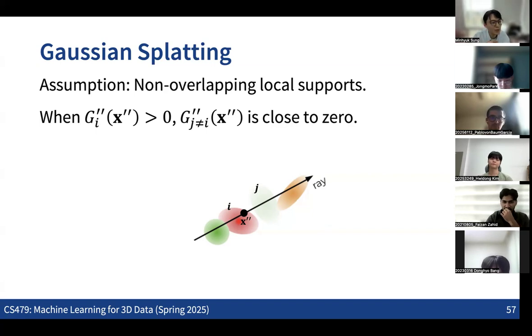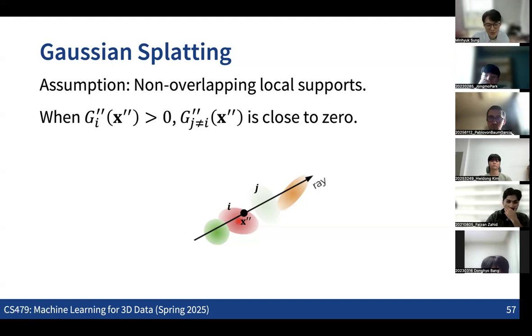So what we are going to assume is that those Gaussian splats are distributed in the 3D space in a way that there is no big overlap across the splats. That means that when the weight defined with the Gaussian kernel in one splat has a non-zero weight, we assume that the weight coming from the other splats is very close to zero.